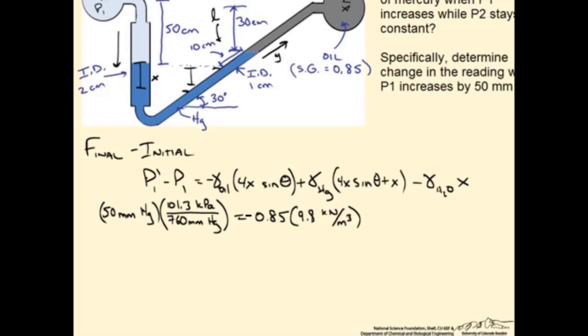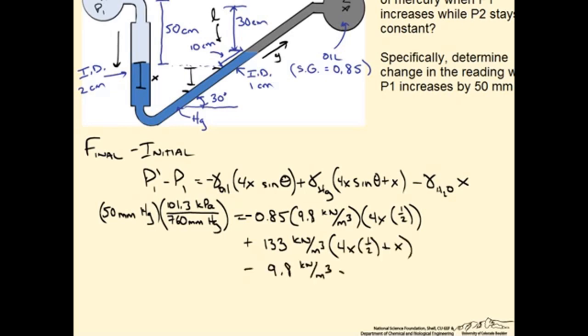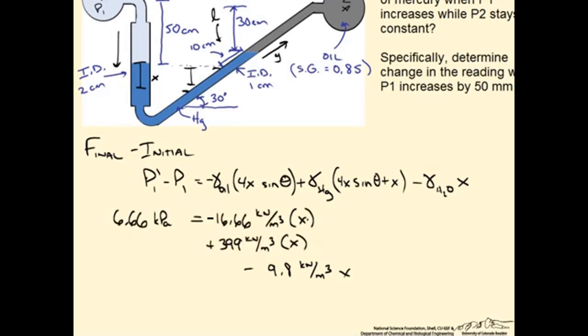This is multiplied by the 4x sine theta, where sine of 30 is just 1/2. We're going to add the specific weight of mercury, which is 133 kilonewtons per meter cubed, times 4x 1/2 plus x. And we're going to subtract out water, and we're left with just x as the unknown. When I do the calculations, I get the following numbers, and as you can see on the left side I have kilopascals, and on the right side I have kilonewtons per meter cubed times x.